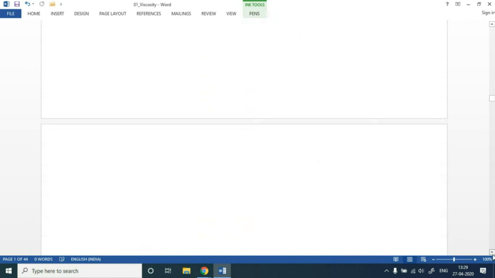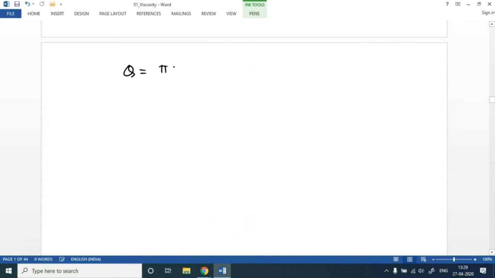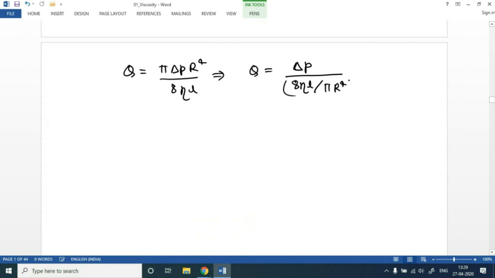Now let's look at this expression closely. This Q we have already written: it is pi delta P R to the power 4 by 8 eta L. We can rearrange it like this: Q is equal to delta P divided by 8 eta L divided by pi R to the power 4.